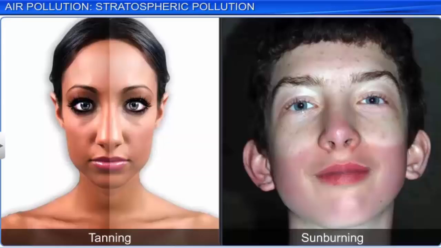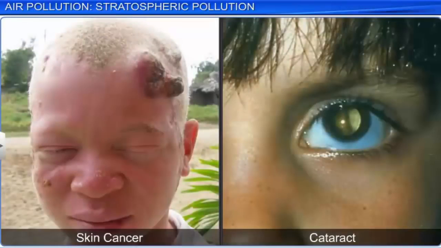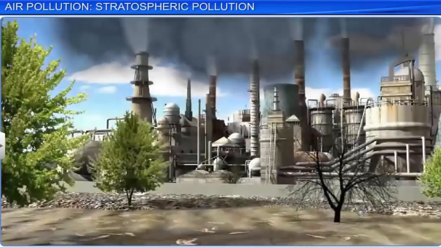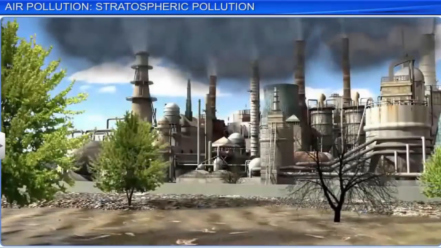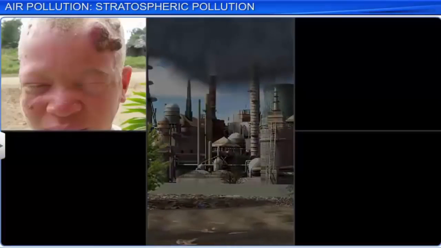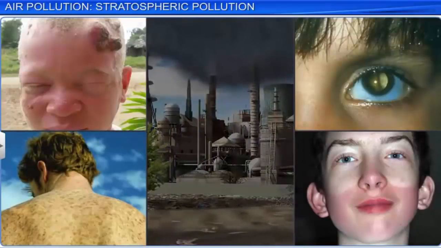However, these are the least harmful, because sun rays can also cause skin cancer and cataract. With the increasing atmospheric pollution, we are being exposed to more and more such risks. Let's understand how.